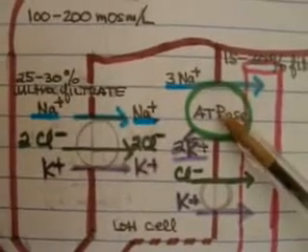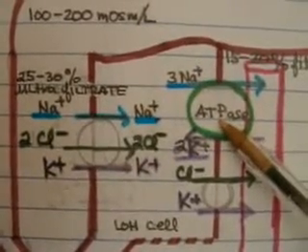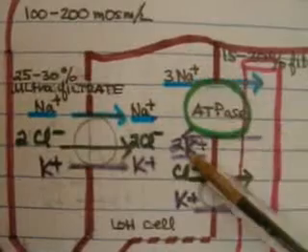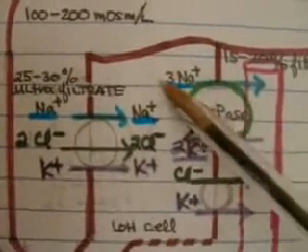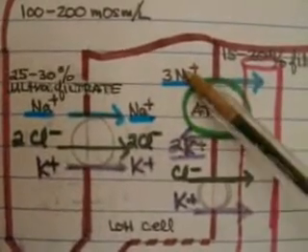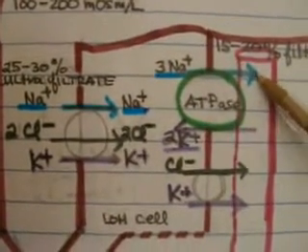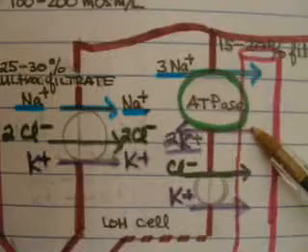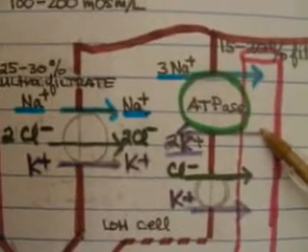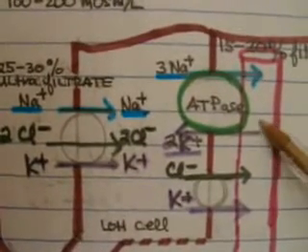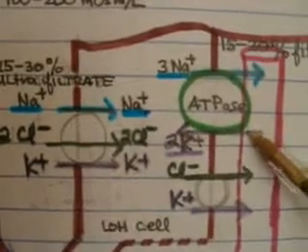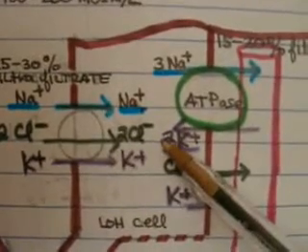That requires energy in the form of ATP. Through the sodium-potassium ATPase, 3 sodiums exit the cell and enter into the circulation, and approximately 2 potassium ions leave the systemic circulation from the capillary vessel into the cell.